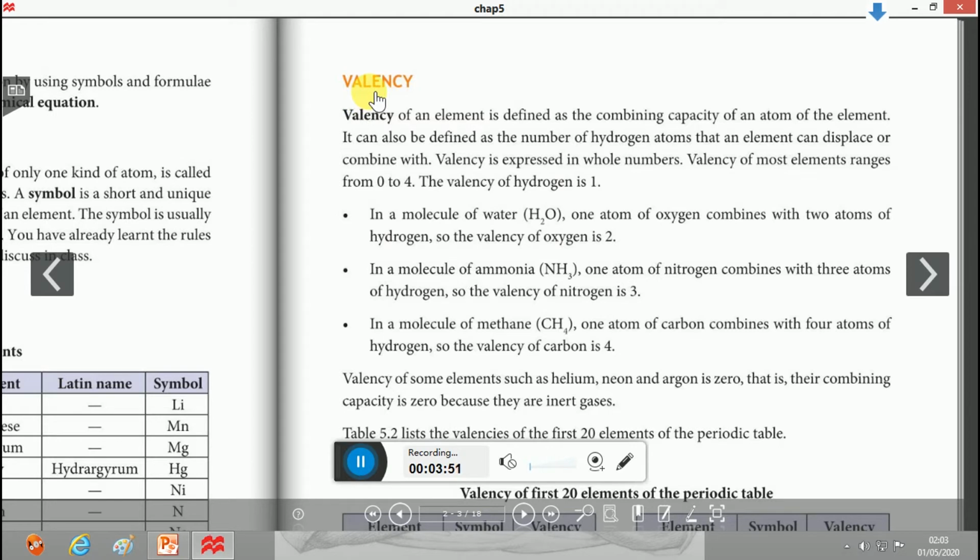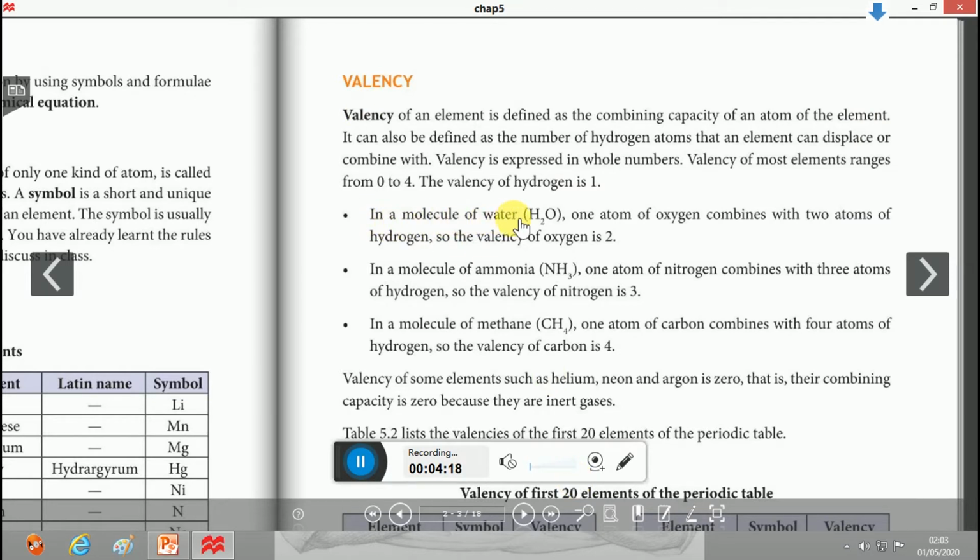Valency. Valency of an element is defined as the combining capacity of an element to another element. Element and element combine together to form a chemical compound, and this combining capacity of an atom of a fixed element is known as its valency.